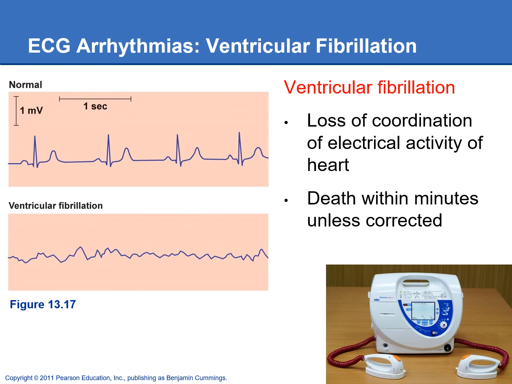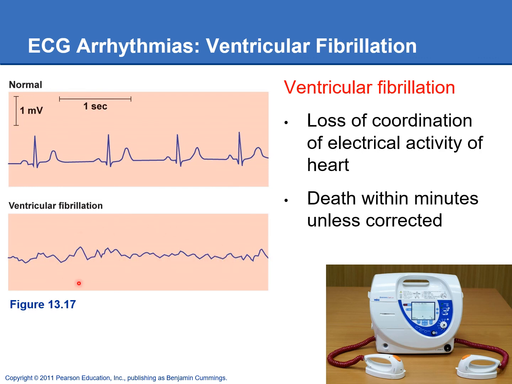And then here's a normal ECG tracing here, but down on the bottom, this is really bad if you see this in your patient. So you can see that there are no P, QRS, Ts anywhere. So the SA and AV node, they are not working.